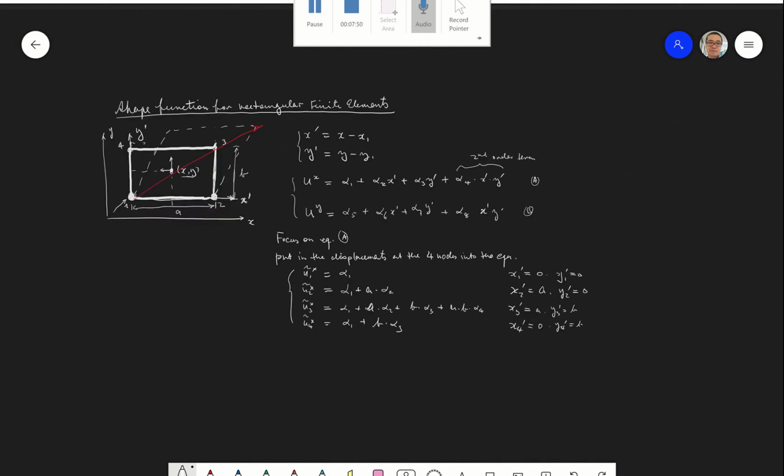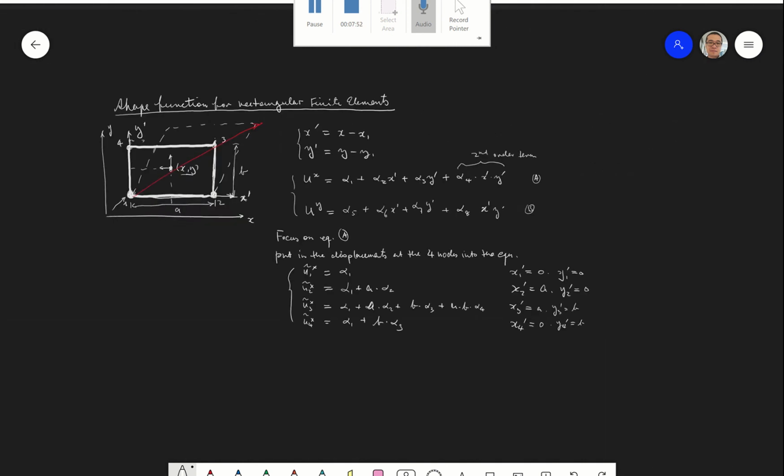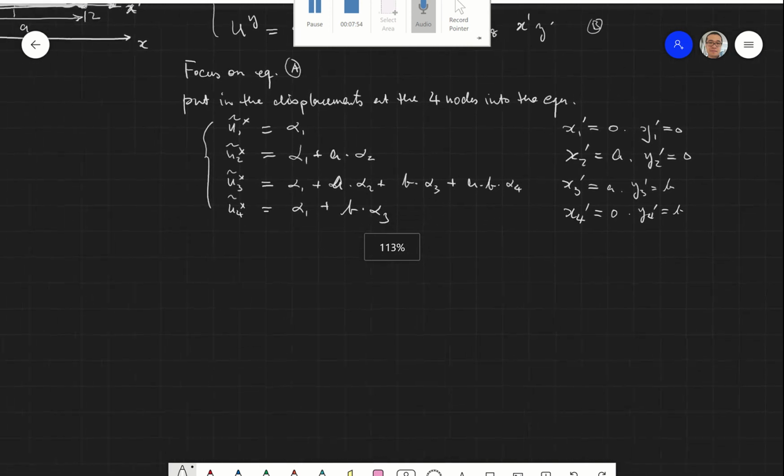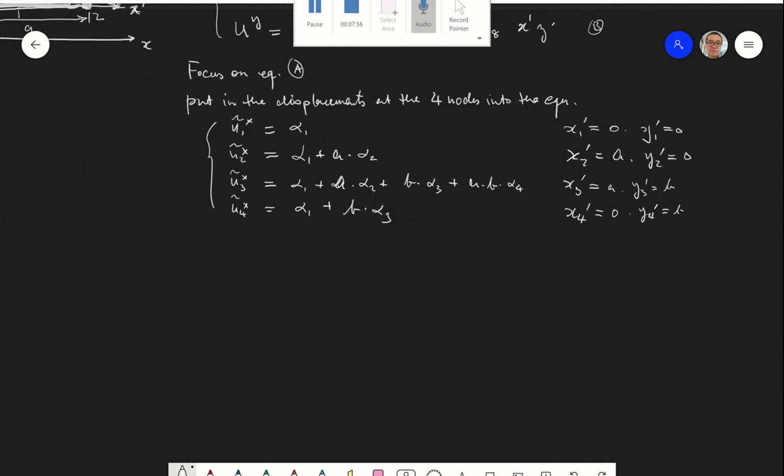Now what we need to do is to solve for alpha 1, alpha 2, alpha 3, alpha 4, and put them back into equation A. So what's equation A?